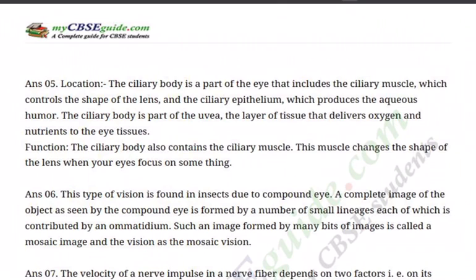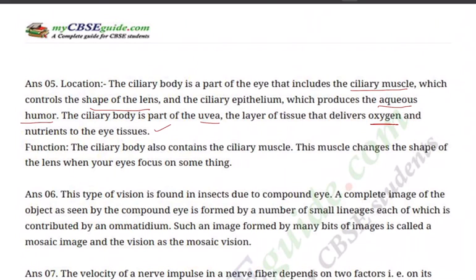Going ahead, question number 5, answer location. The ciliary body is a part of the eye that includes the ciliary muscle, which controls the shape of the lens, and the ciliary epithelium, which produces aqueous humor, that liquid part. The ciliary body is part of the uvea, the layer of tissue that delivers oxygen. Look at that, this is very important.